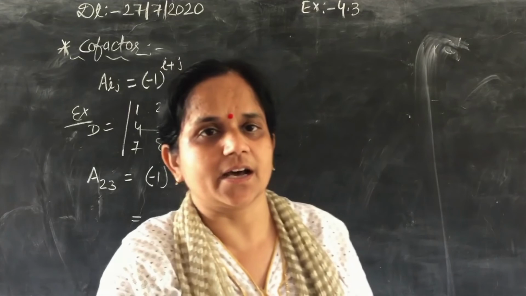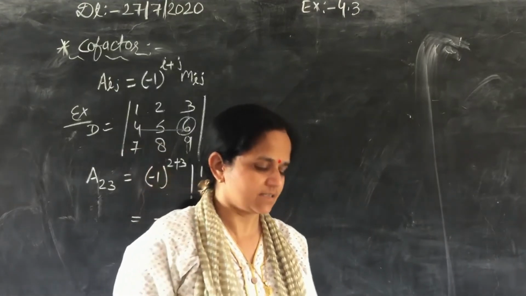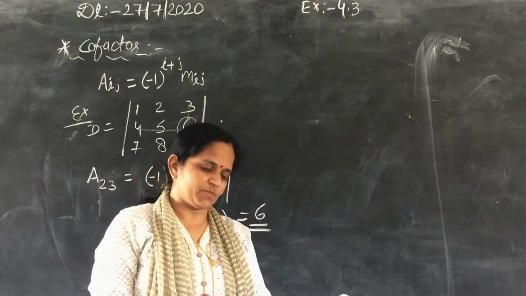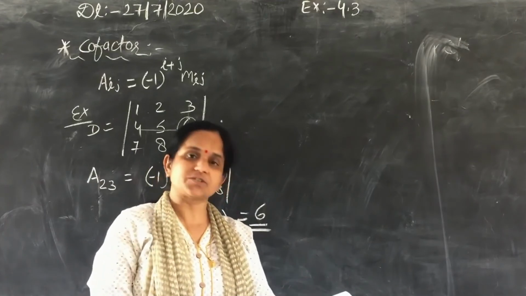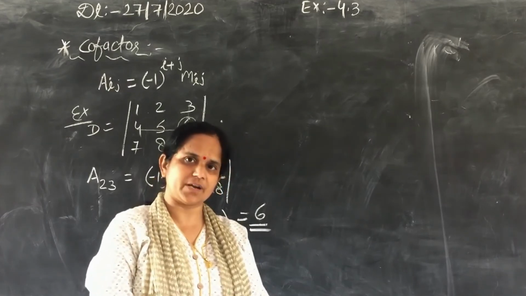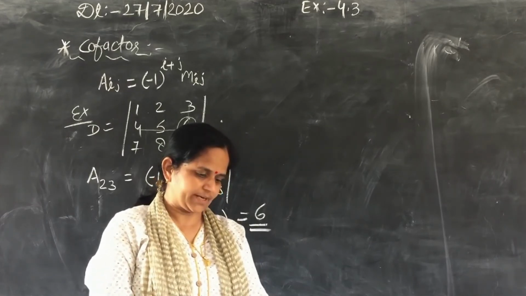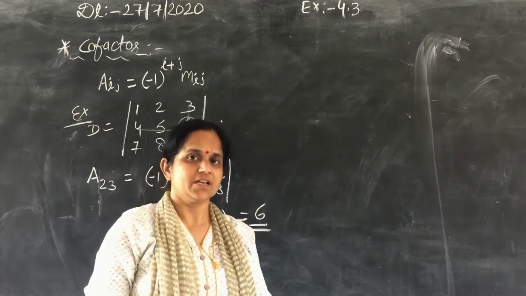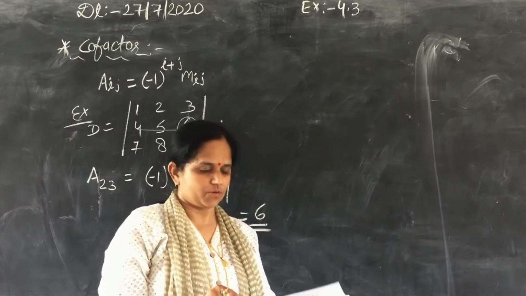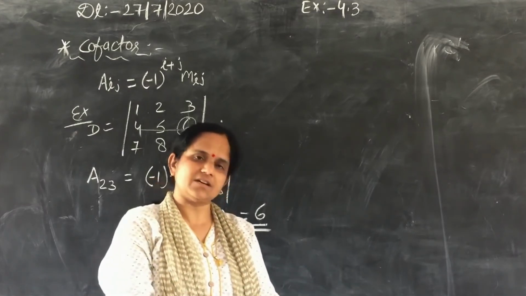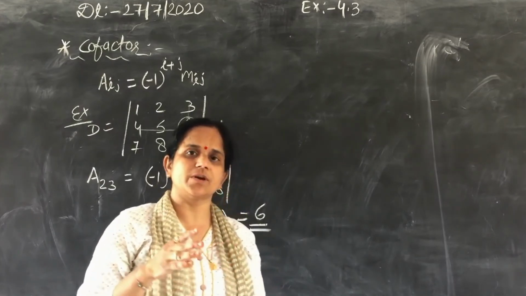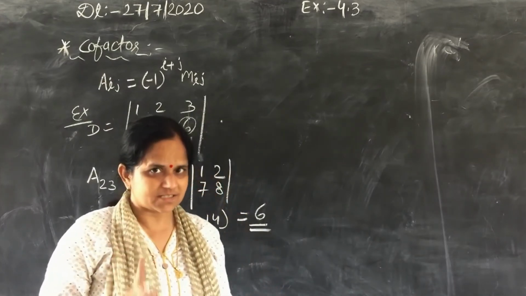Okay students, and now the next exercise, 4.4. It is related to minors and cofactors. The first two questions are very simple, students, and the third says: using cofactors of elements of the second row, calculate the determinant given. It means expand the determinant along the second row. Since it is given in the question, if we expand a determinant by any row and any column, the answer will be the same.